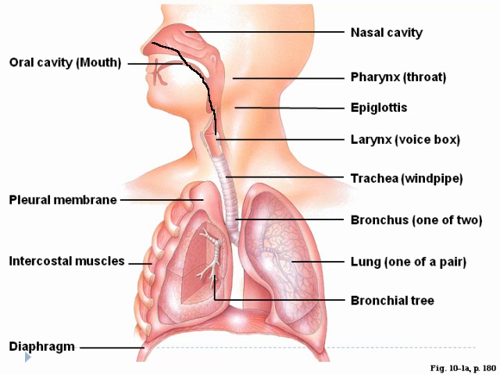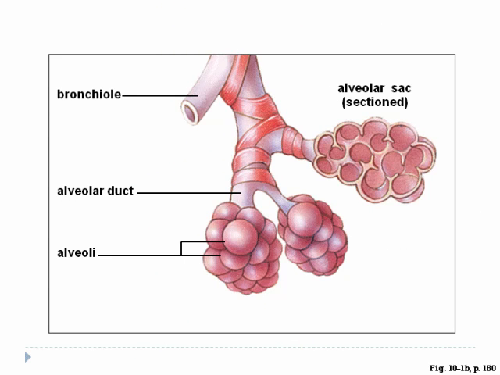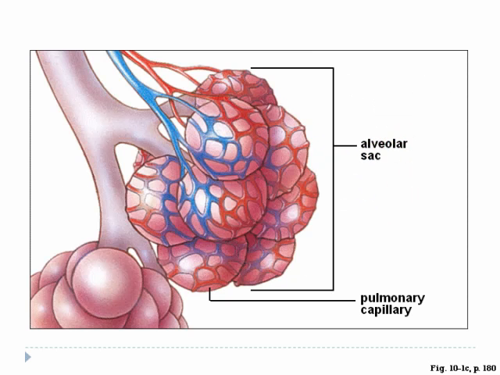Okay, so we breathe air in either through the nose or the mouth, and it goes down through the trachea. The trachea divides into two bronchi, and that leads to the right lung and the left lung. Those bronchi subdivide into little bronchioles, and they eventually terminate in an alveolar sac, which are these little grape-like clusters of air sacs.